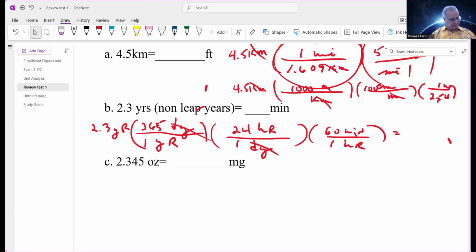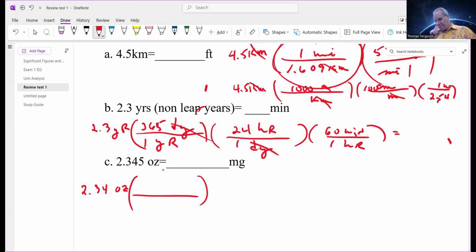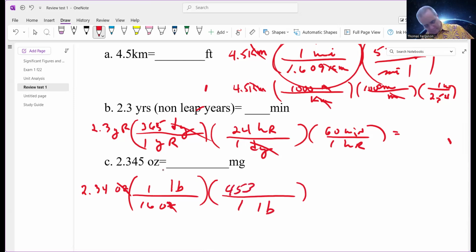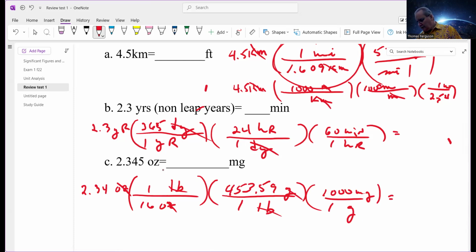So we get this into pounds, and from pounds, we can go to grams, and grams to milligrams. That way everything cancels. Leaves us with milligrams.